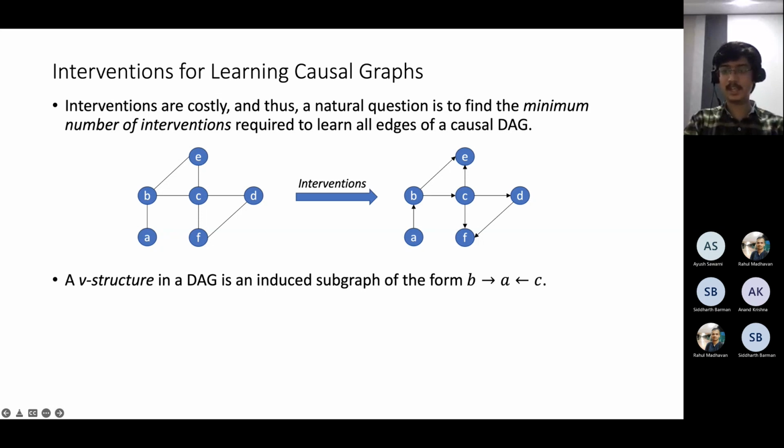So these edges can be inferred directly using observational data, because they imply some special conditional independences. This wouldn't happen in any other case involving three variables. So if B and C are independent, but given the other variable A they become dependent, then the directions must be like this.